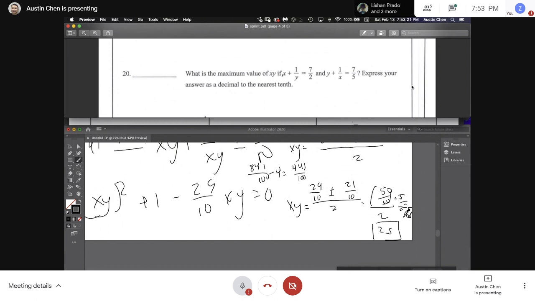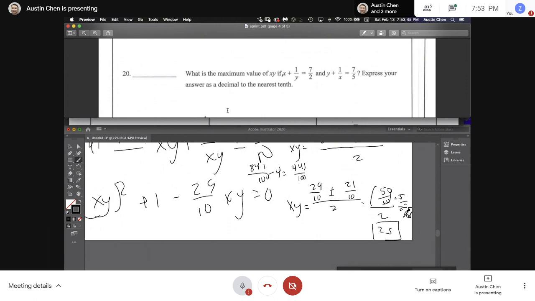Also, by the way, it seems like every time it says express your answer as a decimal to the nearest tenth, you always have to utilize the tenths place.